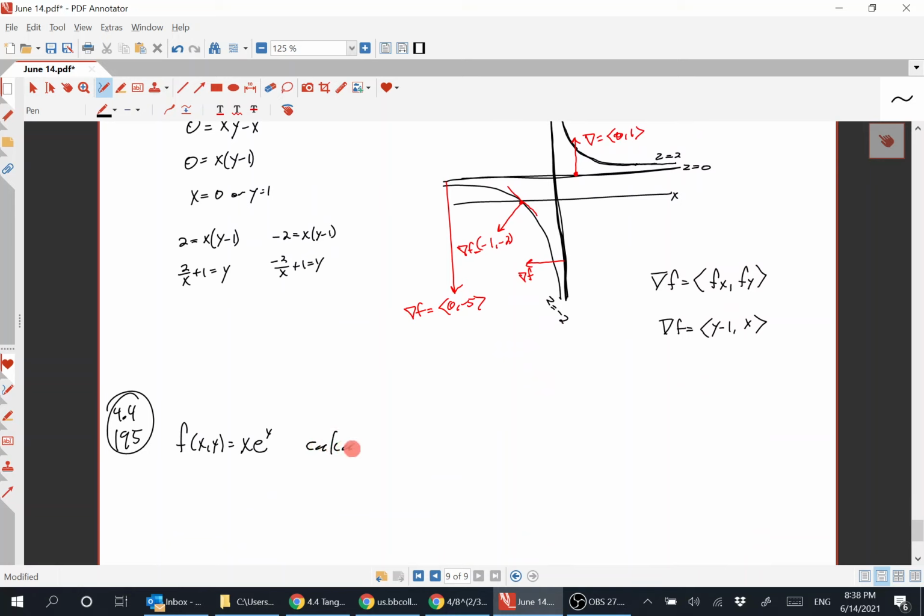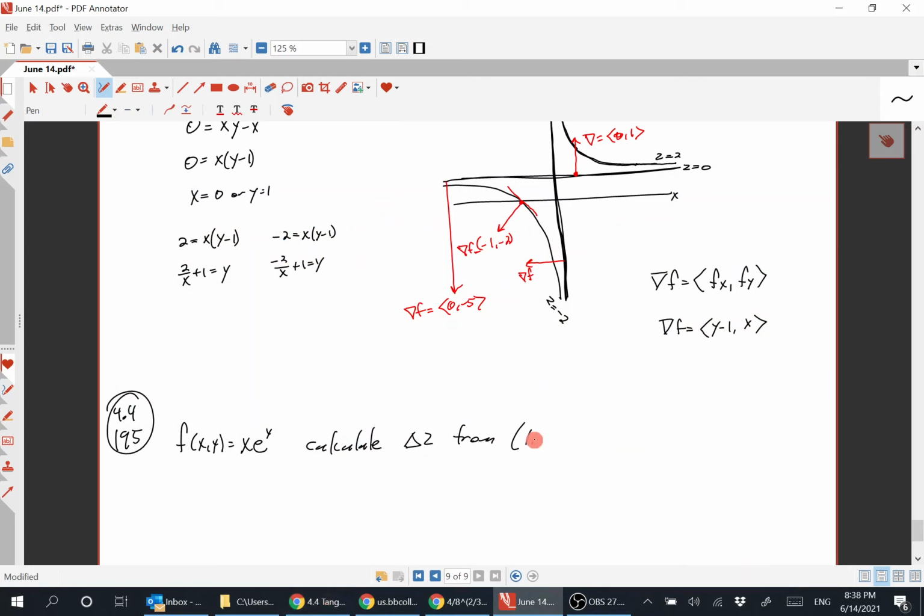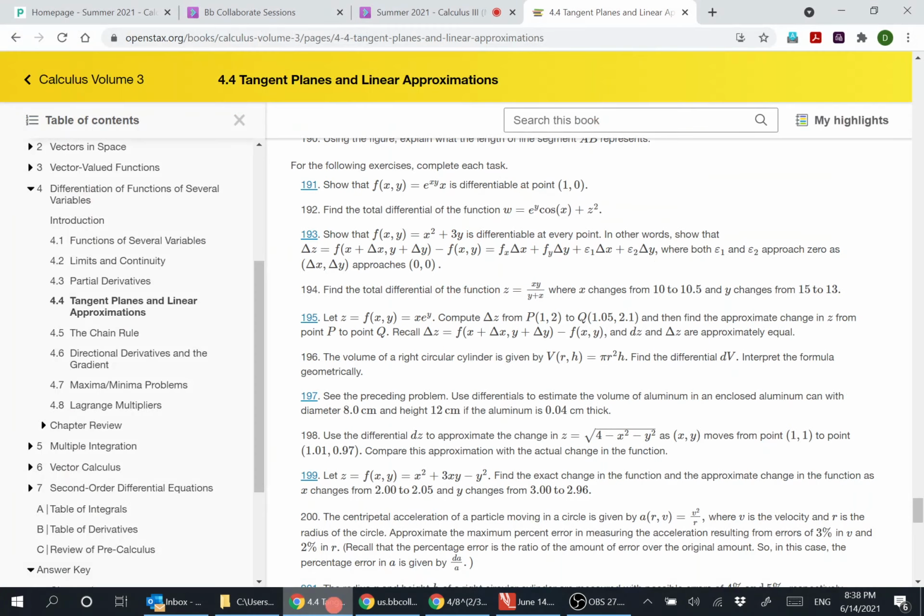So calculate the change in z from (1, 2) to (1.05, 2.1).